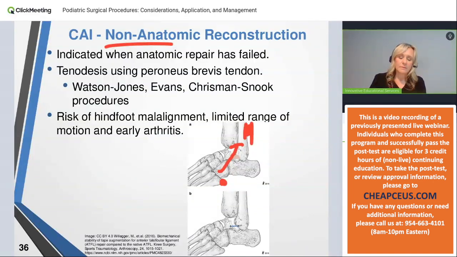If we come down to the bottom image, what they're going to do is the same thing they did with that free graft. They're going to zigzag that to make up for the calcaneofibular and talofibular ligament. They're going to zigzag it here and then attach it back up to itself on its origin. So it's no longer going to work as an everter of the foot.